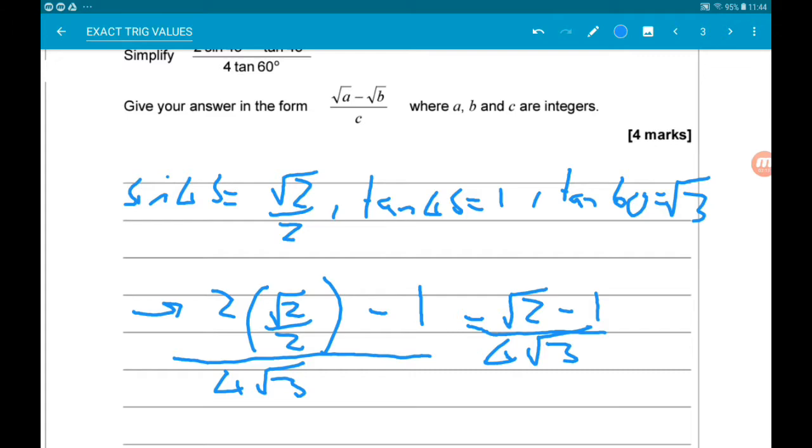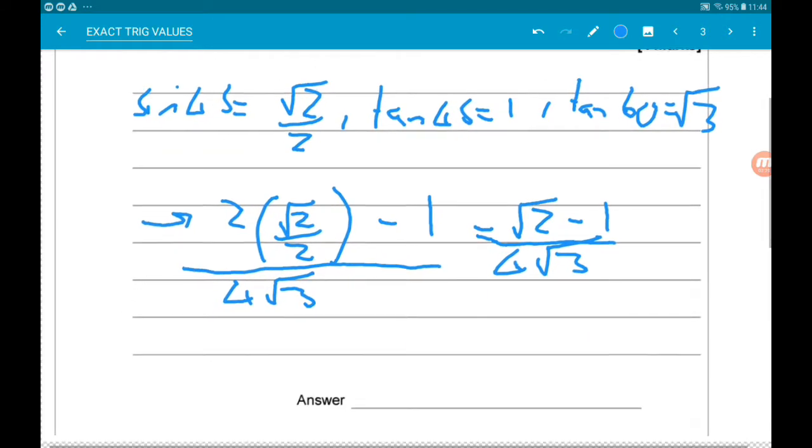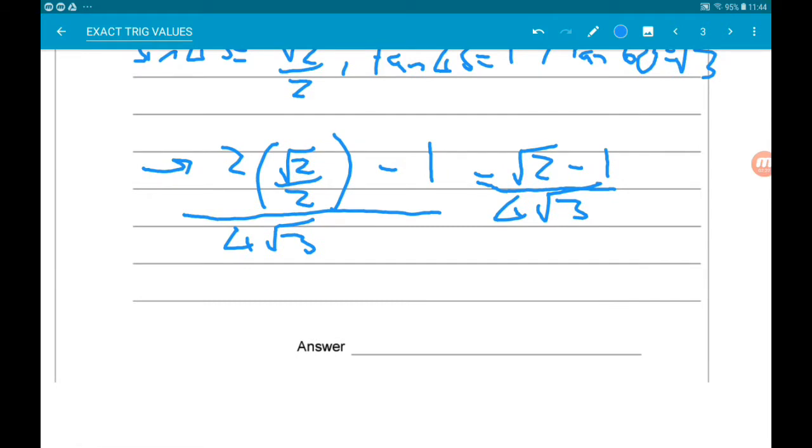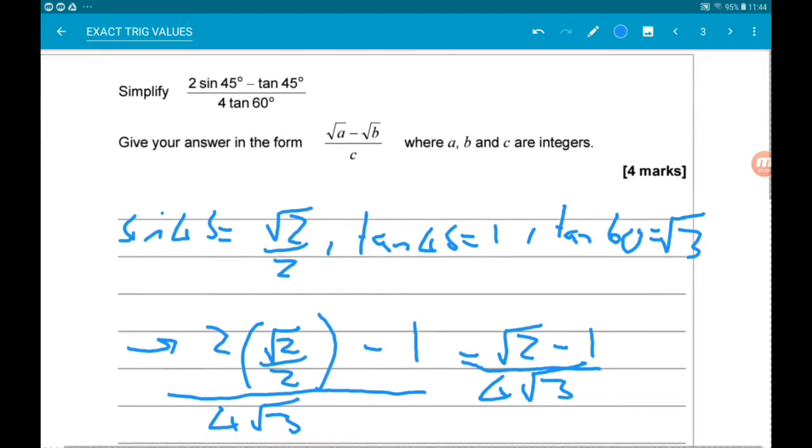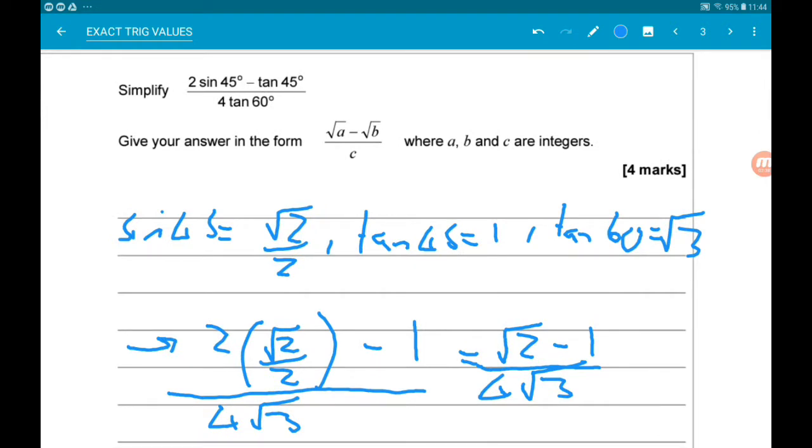Okay, so from here it's now a game of surds, which is very common with exact trig values because most of them do contain surds. So, the problem that we have now is that there is a surd on the bottom and we just wanted to see a normal integer.